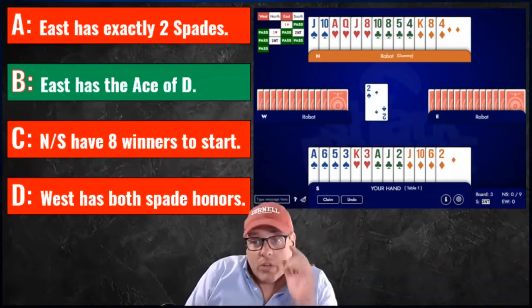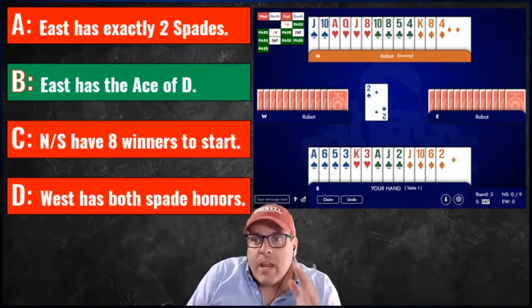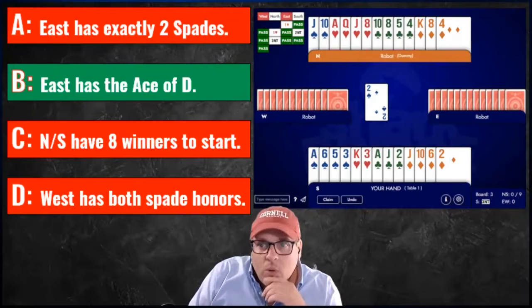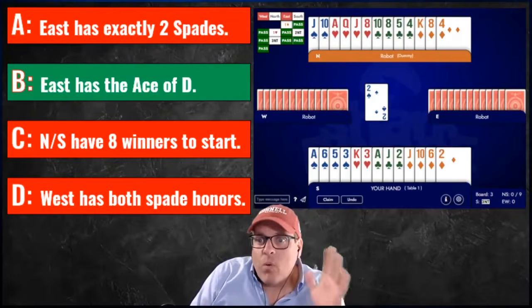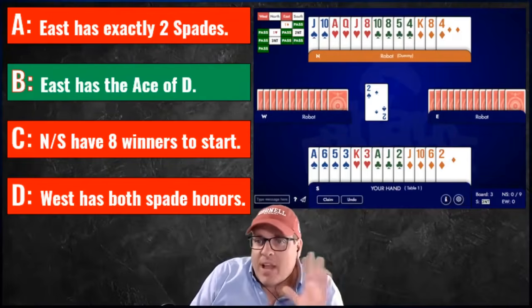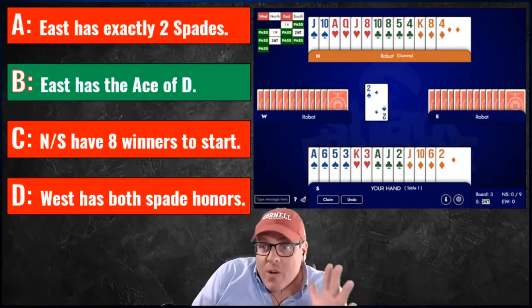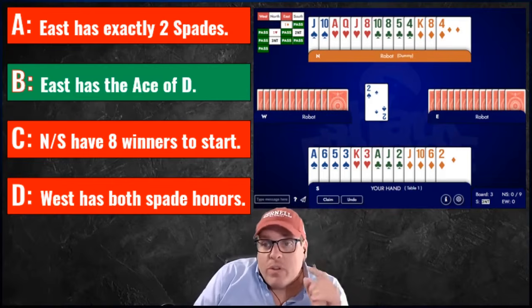Which we should also know, West is guaranteed to have at least 1 honor in the spade suit. So what are the 2 cards that West, if I said East, I mean West. When West leads the 2 of spades, they are guaranteeing an honor in the suit. So what are their 3 potential holdings in spades, guys?